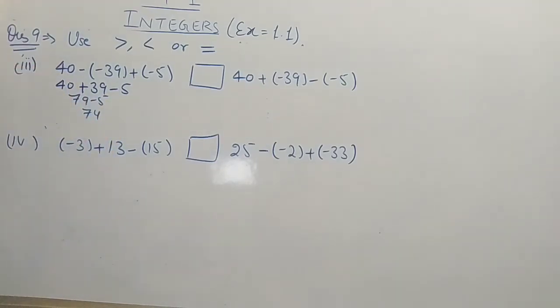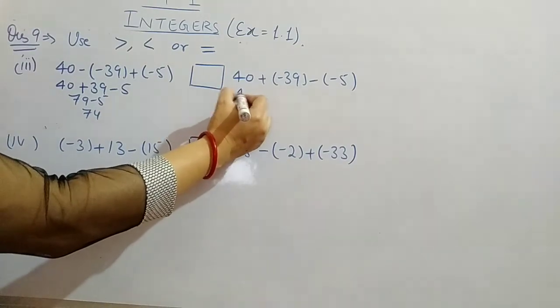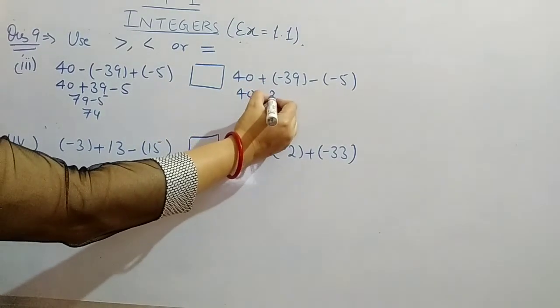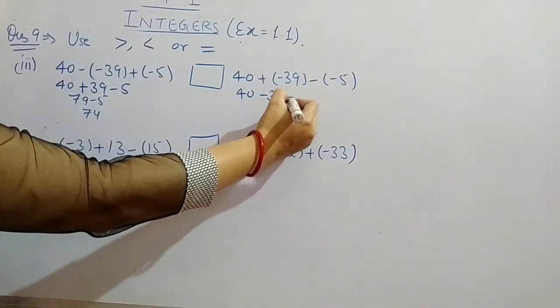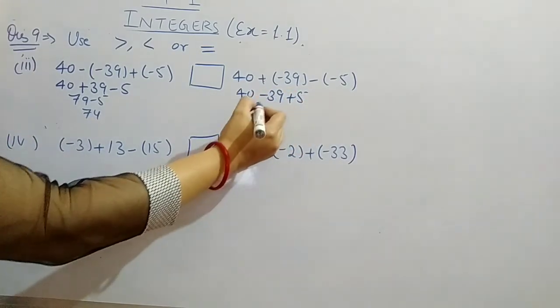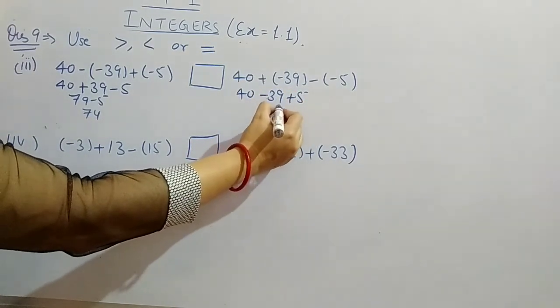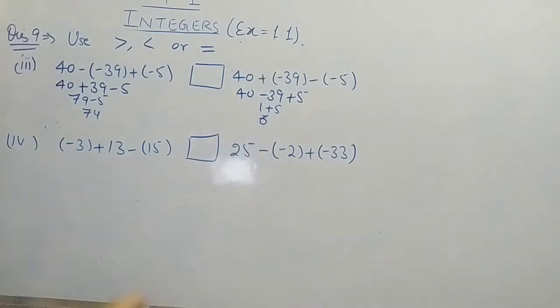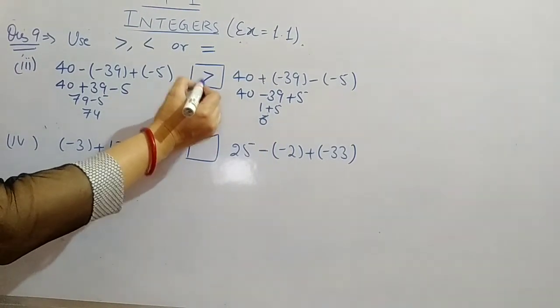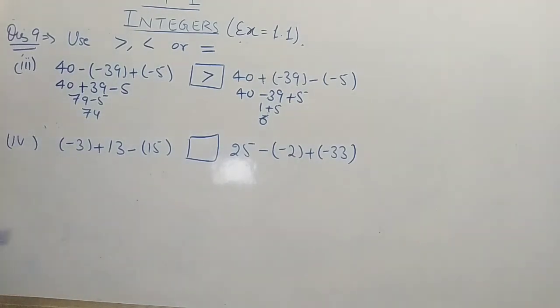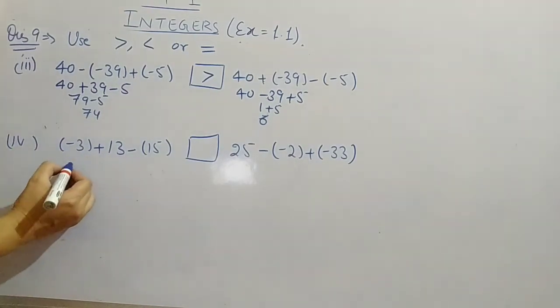Right side, 40 minus, it will become plus, and minus will become minus 39, and minus minus will become plus. So 40 minus 39, 1 plus 5 is 6. Now from 74 and 6, which is greater? 74 is greater.